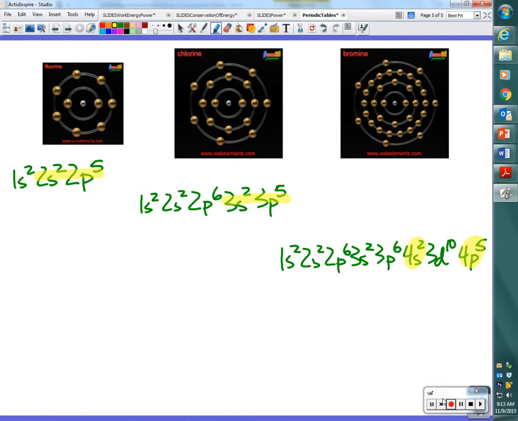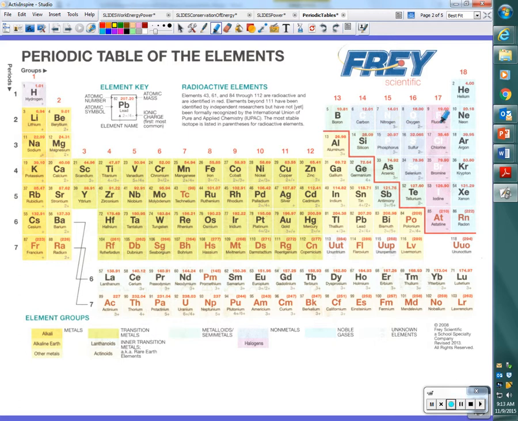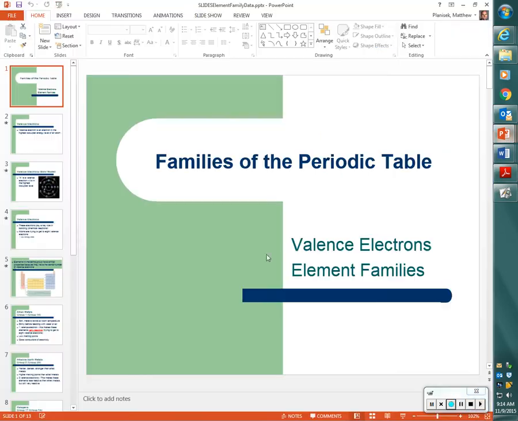So, fluorine, chlorine, bromine each have 7 valence electrons. And if you look at the periodic table, here's fluorine, here's chlorine, here's bromine. What do we see about the 3 of them? They're in the same family, same valence electrons. Coincidence?